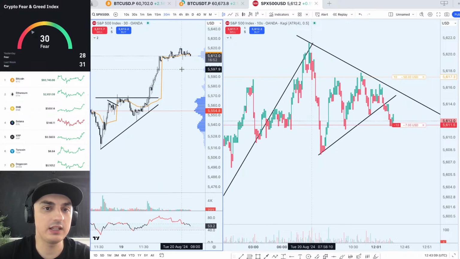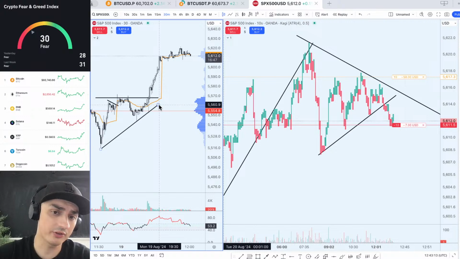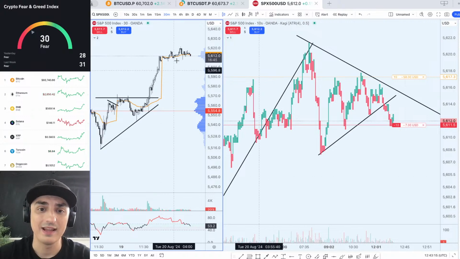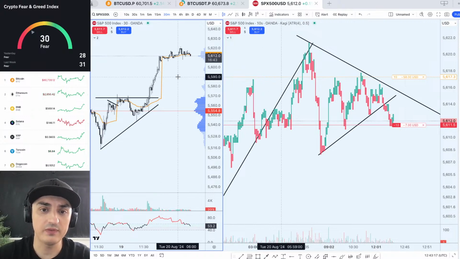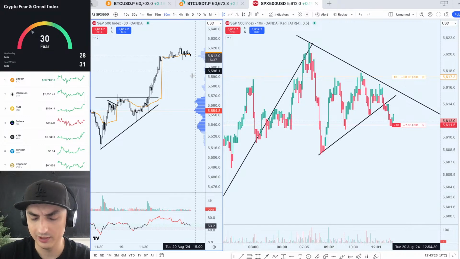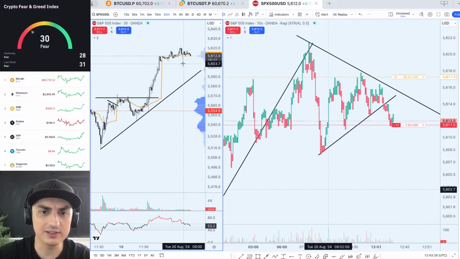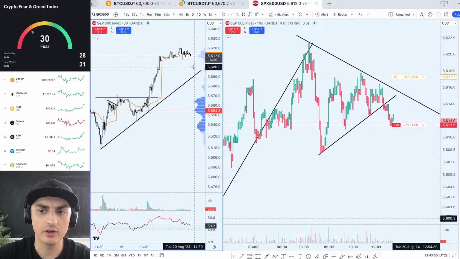So this is a counter-trend trade, and I think it's going to land somewhere around 5,590, and I don't think it's going to go really low. It's just a small short just to try.